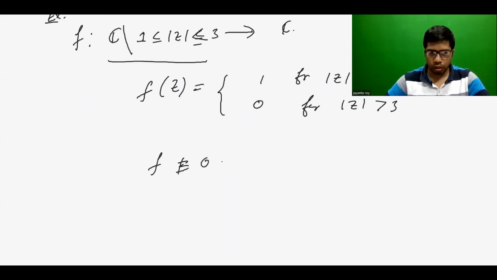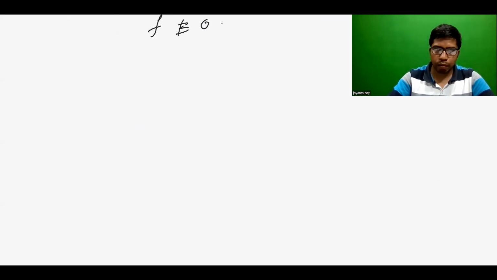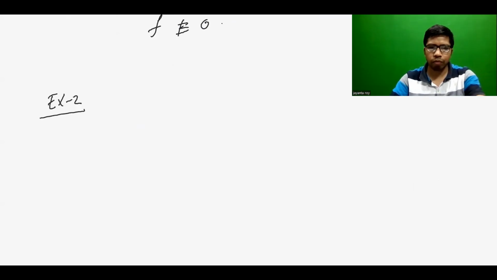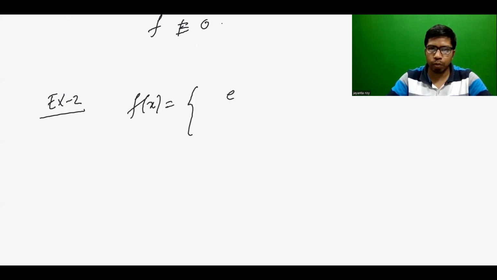And now we consider another example. We consider a real variable, real valued function defined by f of x equal to e to the power minus 1 by x if x is greater than 0, and this is equal to 0 when x is less than or equal to 0.